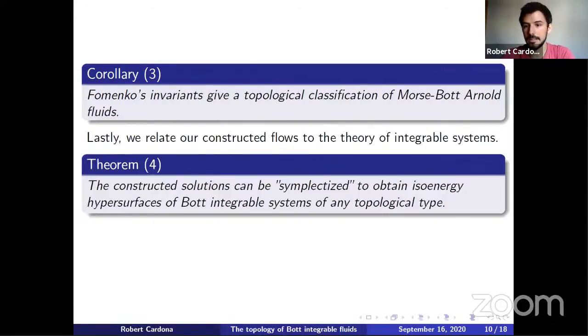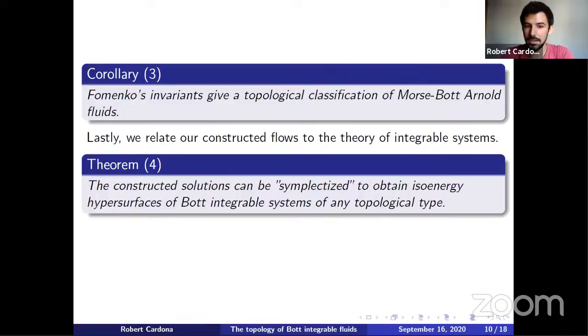Lastly, something that's quite cute, but actually doesn't work for all flows, is that these constructions that we do in Theorems 1 and 2 can be symplectized to obtain literally Bott integrable systems for some symplectic structure, okay? Symplectize, I mean, by taking your three-manifold times (-epsilon, epsilon), like in the usual sense for contact manifolds.